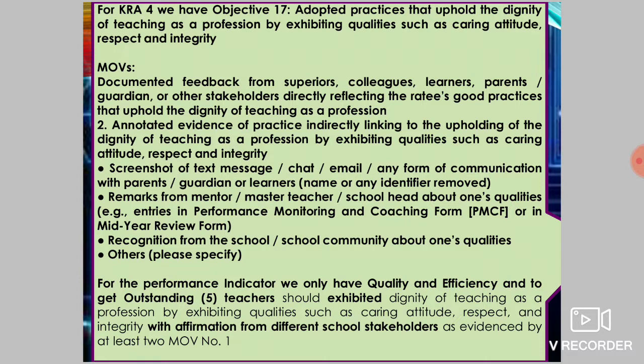To get a 5, teachers should exhibit dignity of teaching as a profession by exhibiting qualities such as caring attitude, respect, and integrity with affirmation from different school stakeholders as evidenced by at least 2 MOVs number 1. Okay, so there should be 2 MOVs, no, number 1.